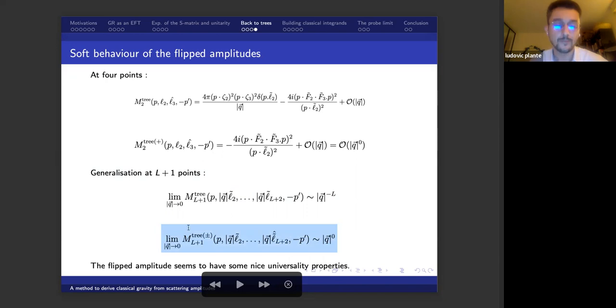I have to say that it seems that you can express this M plus of order q to the power 0 as just a combination of leading soft Yang-Mills amplitudes. So it seems that this flipped amplitude has some nice universality properties.